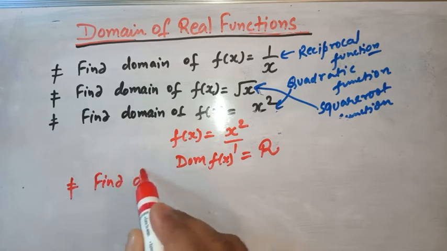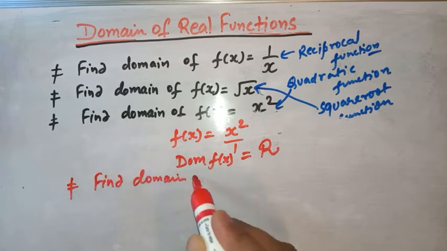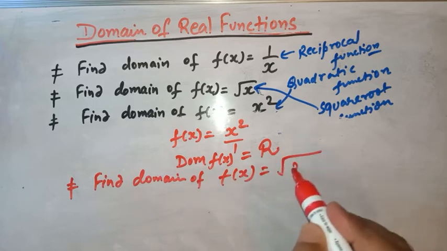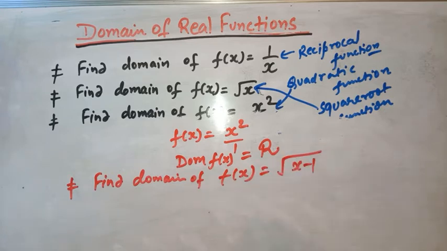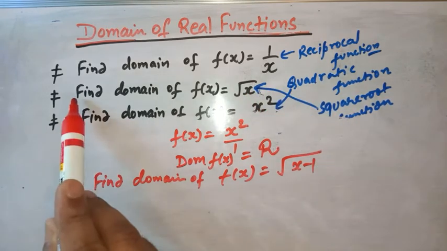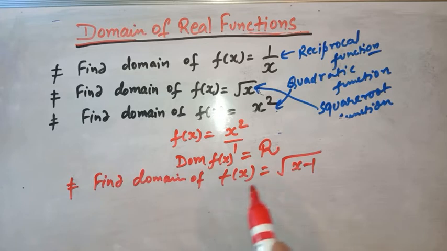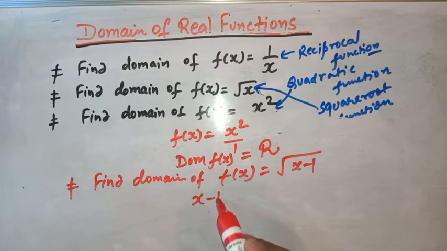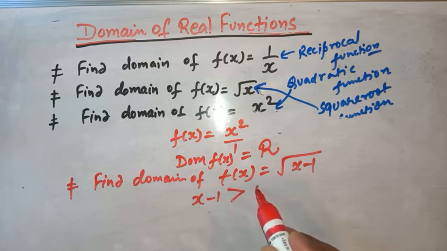We have to find the domain of, say, f(x) is equal to square root of x minus 1. So as we have done in problem number 2, the domain of f(x) consists of all values of x which make x minus 1 greater than or equal to 0.